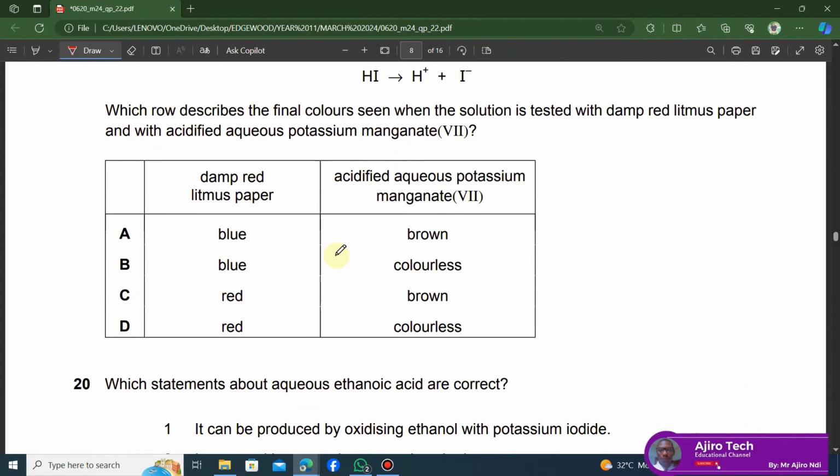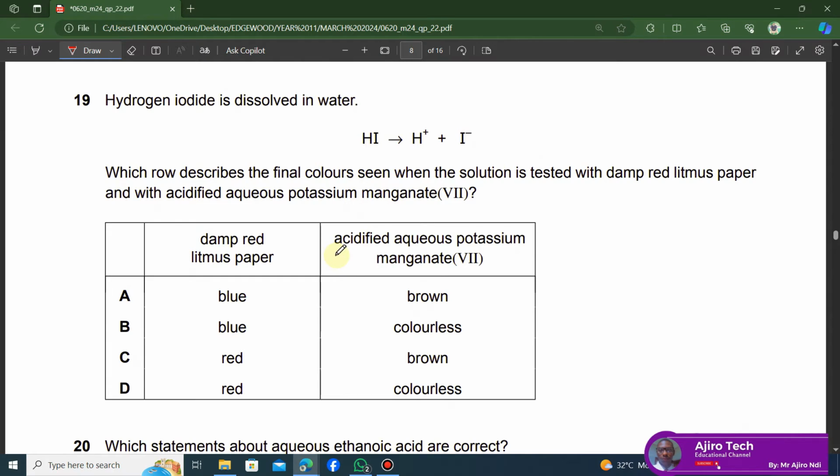Question 19. Hydrogen iodide is dissolved in water, and you have the dissociation equation. Which row describes the final colors when the solution is tested with two things: damp red litmus paper and acidified aqueous potassium manganate(VII)? Let's begin with damp red litmus paper. Remember that hydrogen ions are produced, which tells you it's an acid.